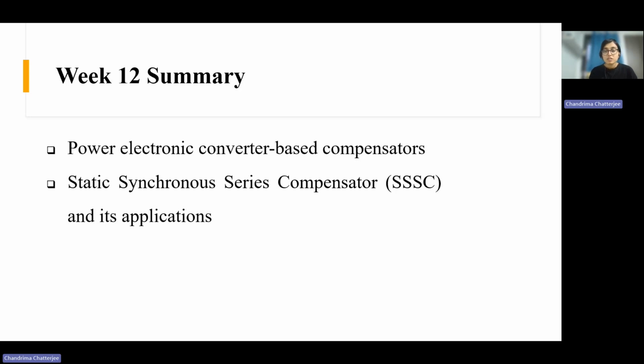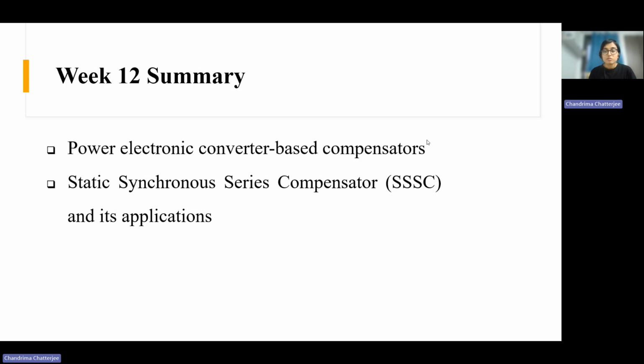The shunt type compensators offer variable susceptance to compensate the reactive power, and the series type of compensators offer variable impedance to the network so that the reactive power compensation can happen, right?